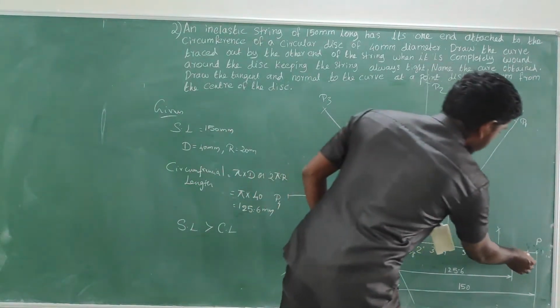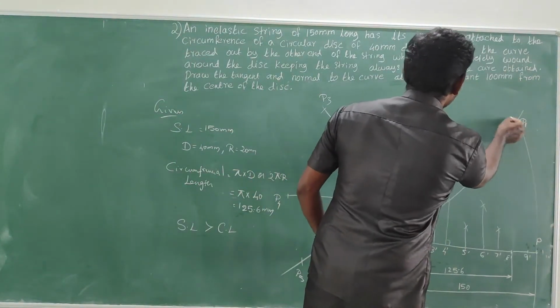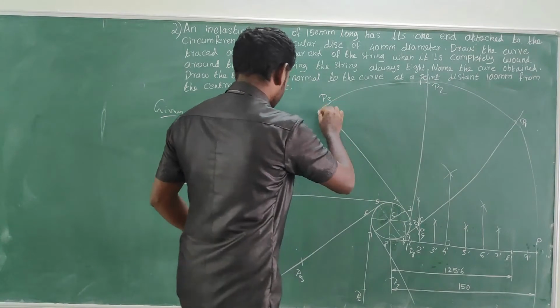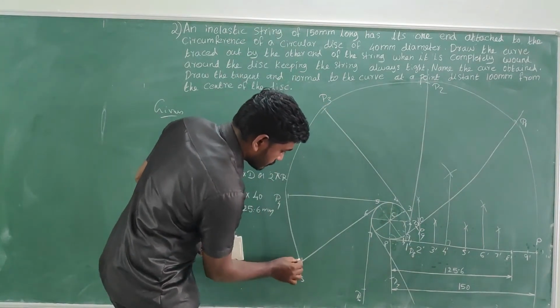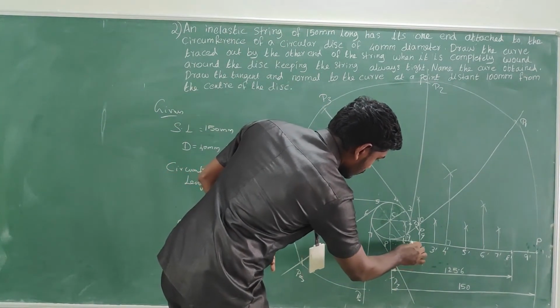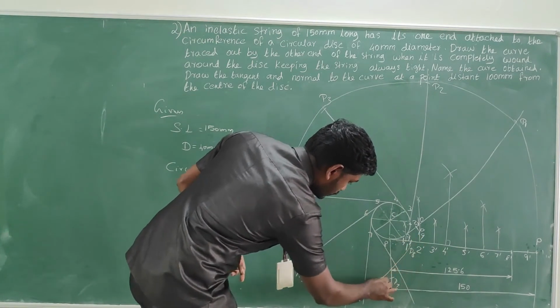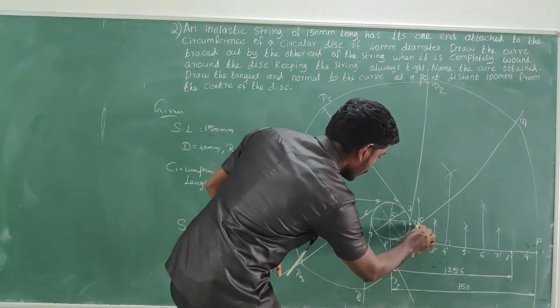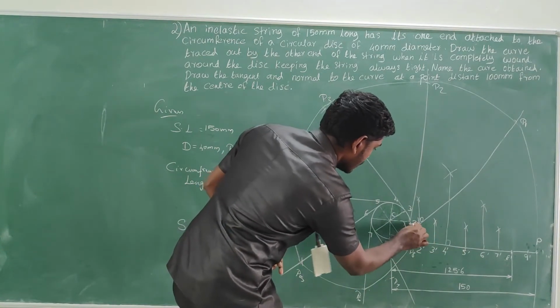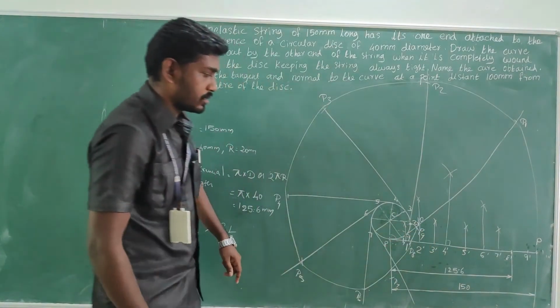So go for a trace. If you trace it, it comes like this. So here in the 8th point, somewhere here you get, so it must be taken, and also here with it, and then it is connecting here, right?